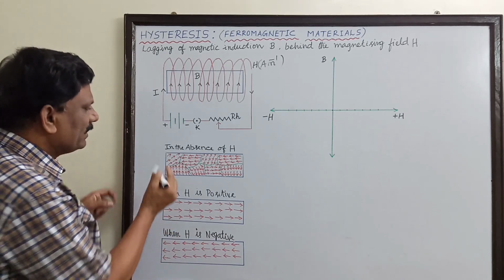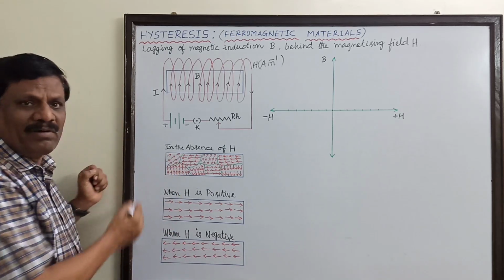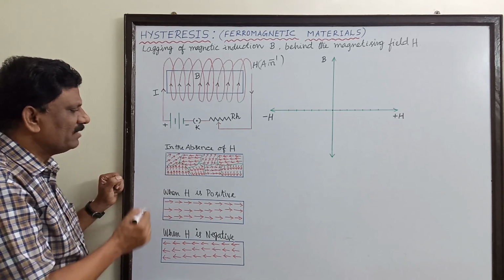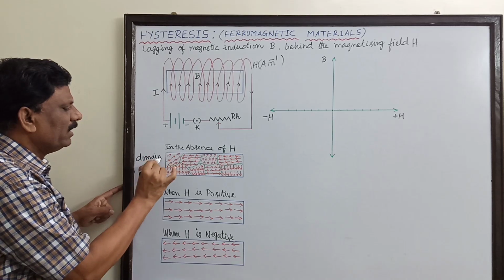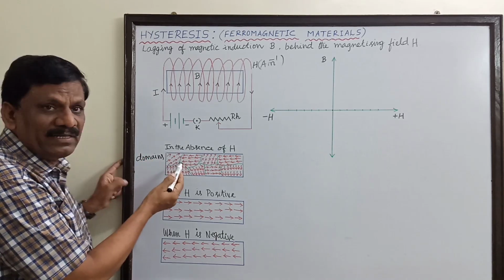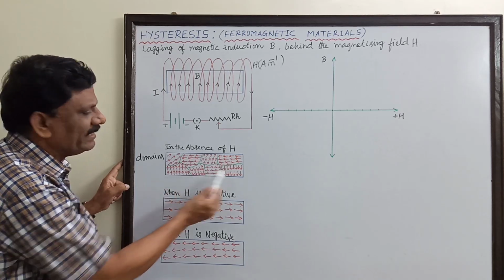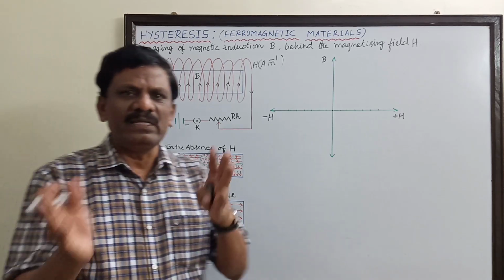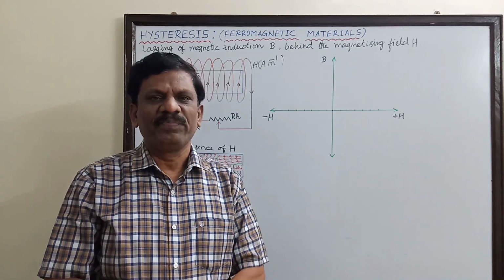These arrows represent the dipole moments of a group of atoms present in a small region which is called a domain. So there are so many domains. Can you see, my dear students? 1, 2, 3, 4, 5, 6, 7, 8 regions are there. So 8 domains are there.